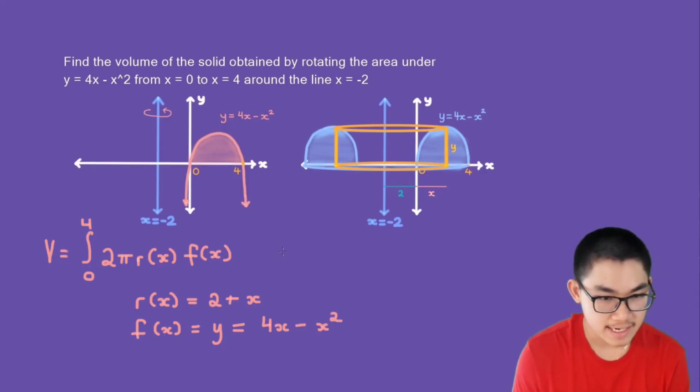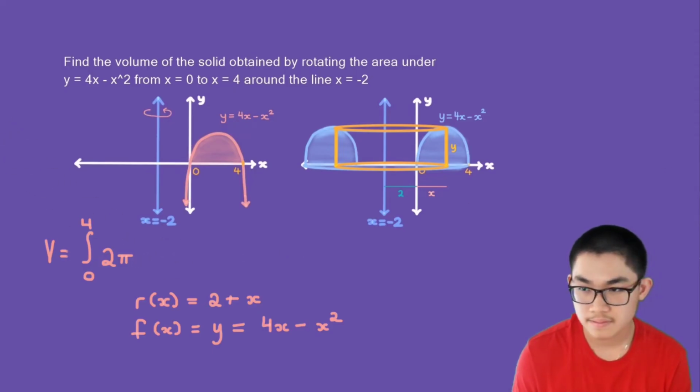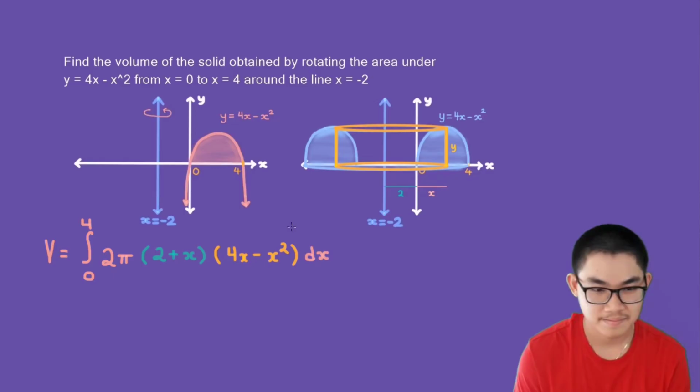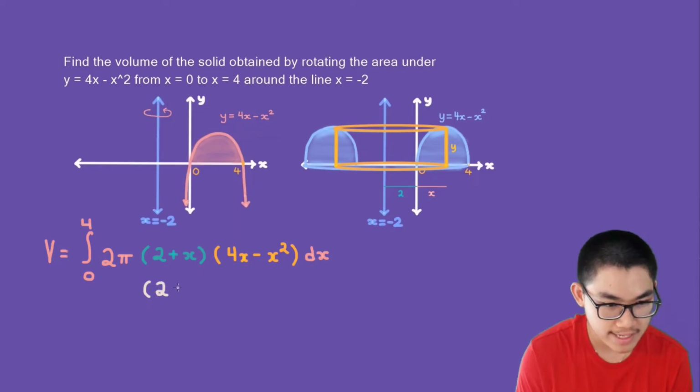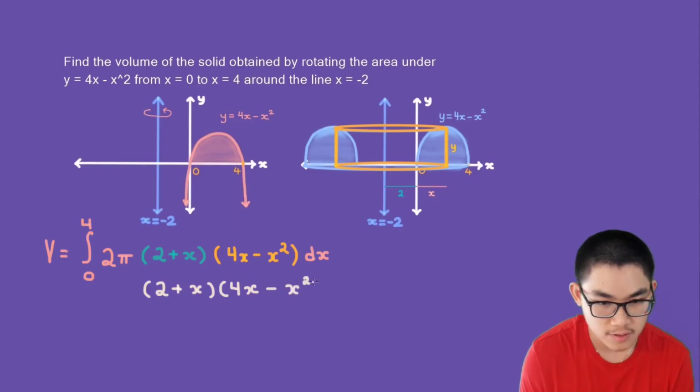Now let's go ahead and substitute it into our formula. What is 2 plus x times 4x minus x to the power of 2? Well, let's write that out. We've got 2 plus x times 4x minus x to the power of 2.